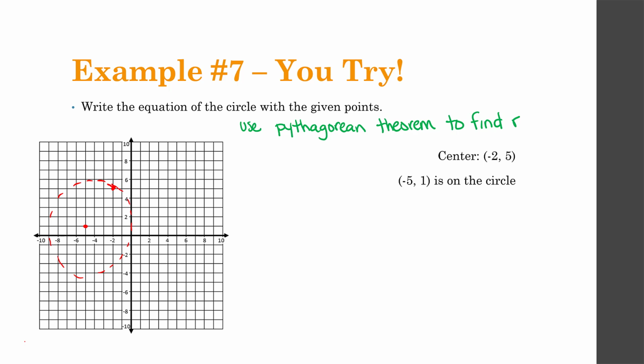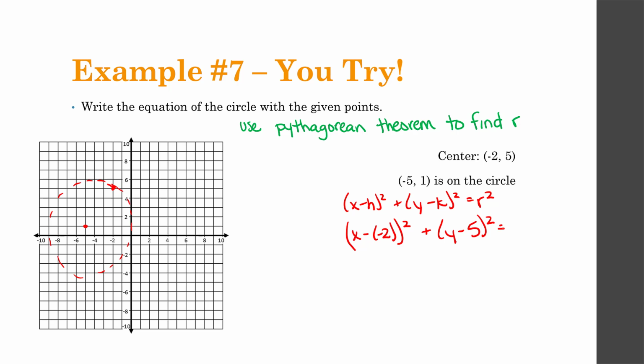Alright, let's go over this. So (x - h) squared plus (y - k) squared equals r squared. I'm going to plug in the center, (x - -2) squared plus (y - 5) squared. And now we need to calculate r.